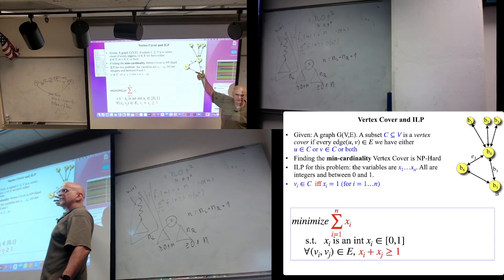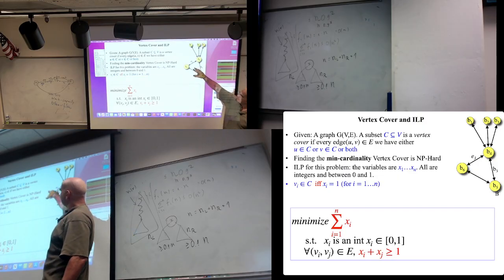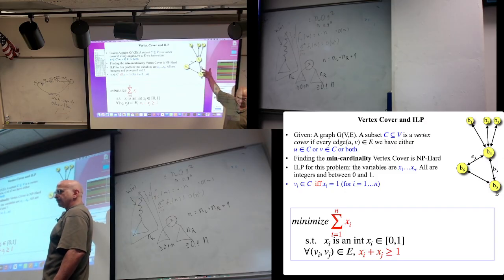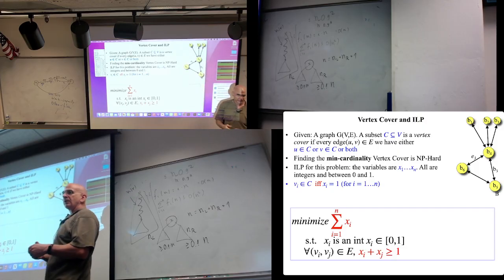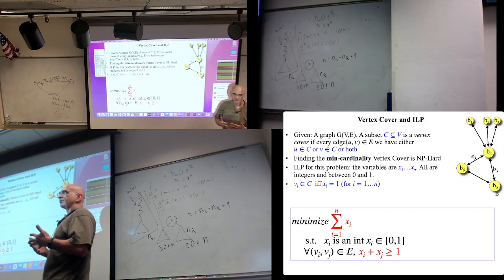It's always confusing, is this edge cover or vertex cover? Because am I covering edges with vertices, or am I covering vertices with edges? So vertex cover refers to covering edges with vertices. To cover an edge, it's enough that you pick one of the two endpoints of this edge, any one of the two vertices that this edge is adjacent to.